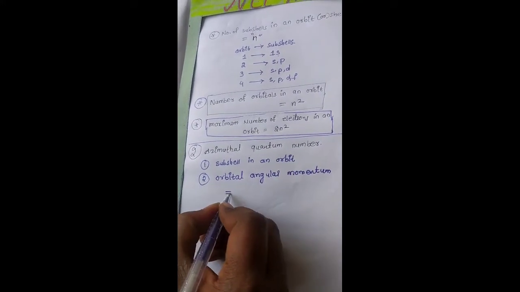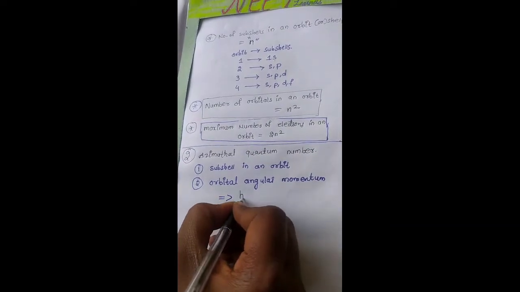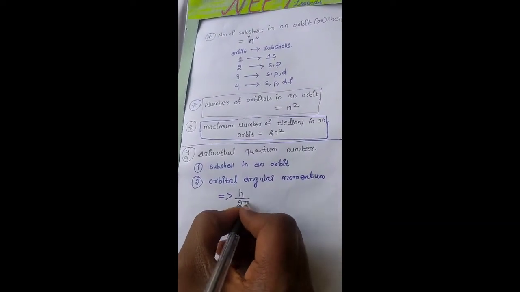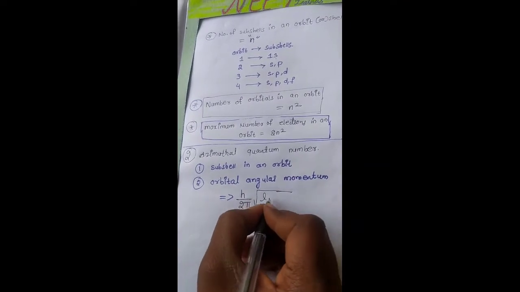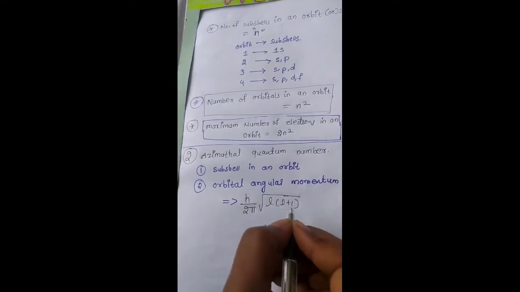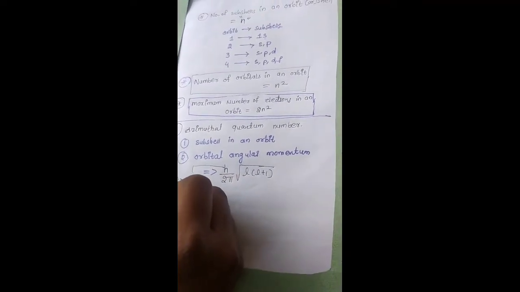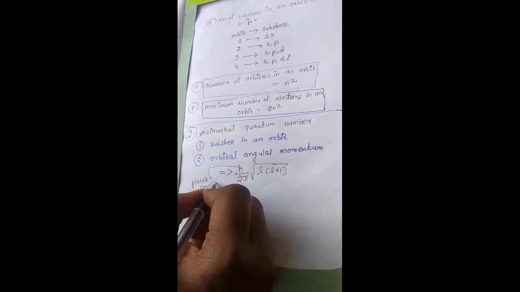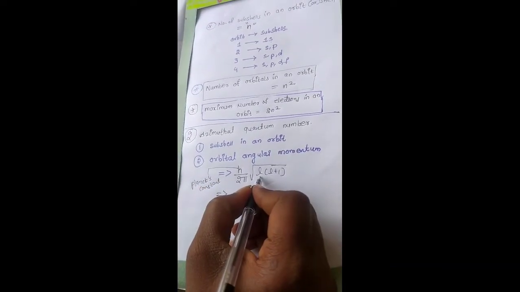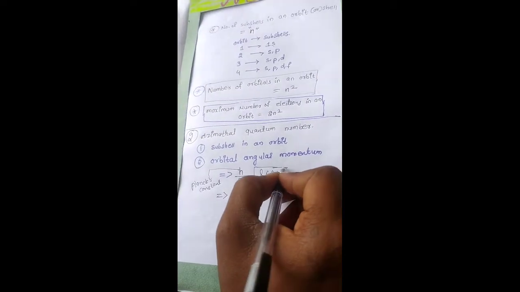The main thing, the formula is h by 2 pi under root l into l plus 1. Students, here h is the Planck's constant, and we all know l is equal to s, p, d, f, that is 0, 1, 2, 3. I have discussed it in the previous video.